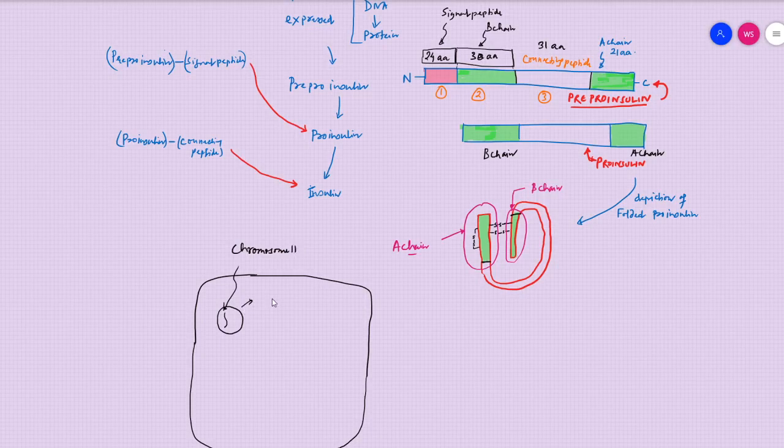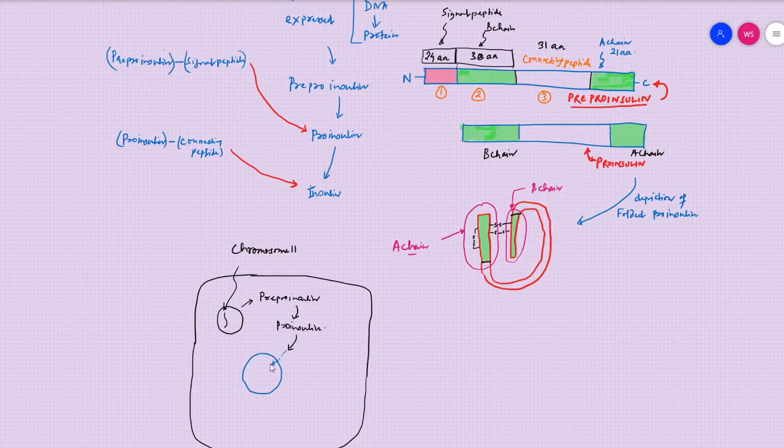Okay, it expresses what? Preproinsulin, and within this cytoplasm, this preproinsulin will be converted to proinsulin. Okay, this proinsulin will be packaged into a vesicle.